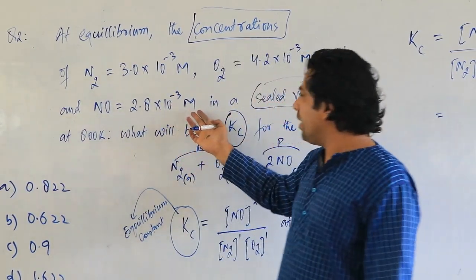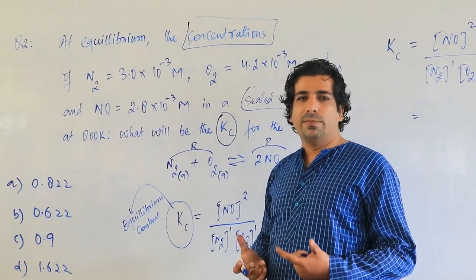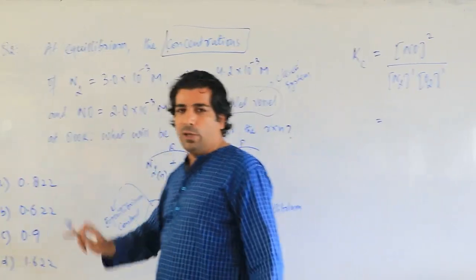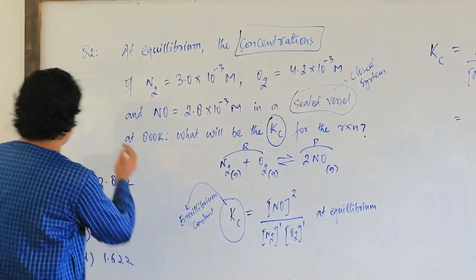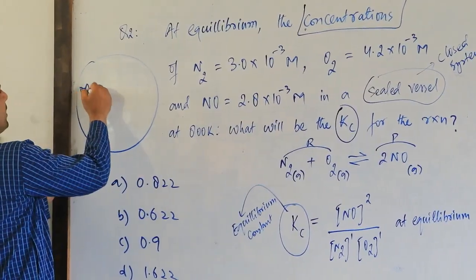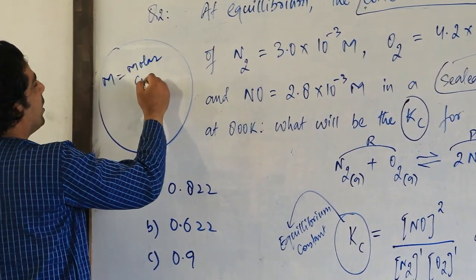Now you will be thinking, what is this M? M stands for molar concentration, or you can take it as molarity also. So this M is like this. Focus here at this point. M is basically your molar concentration.